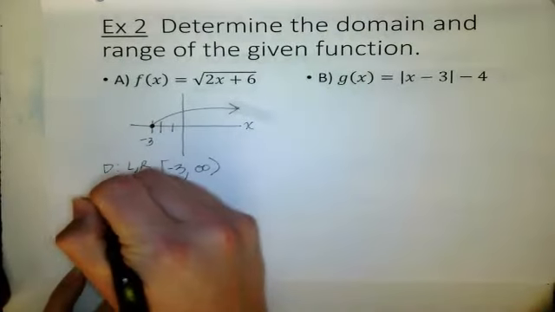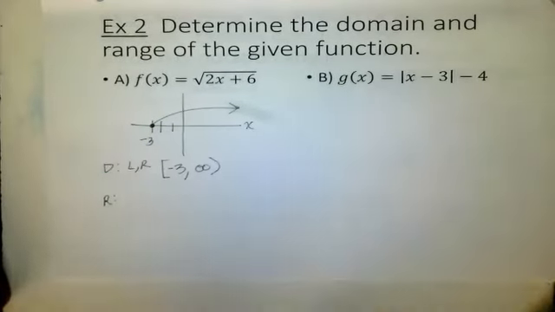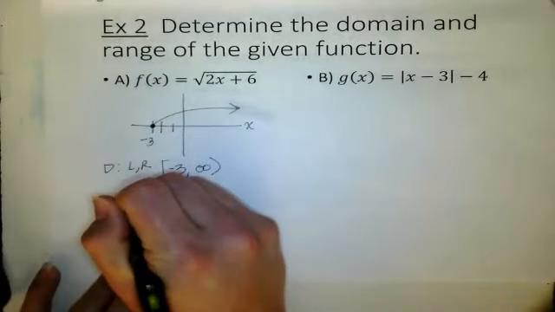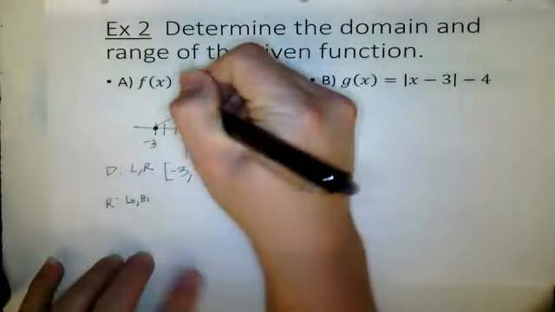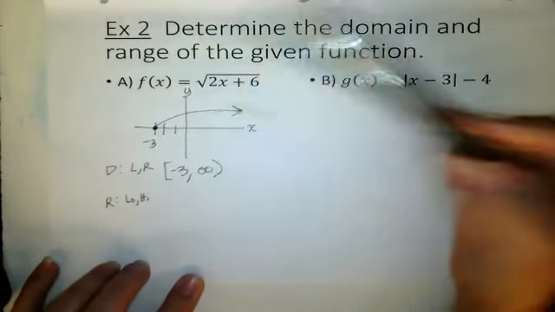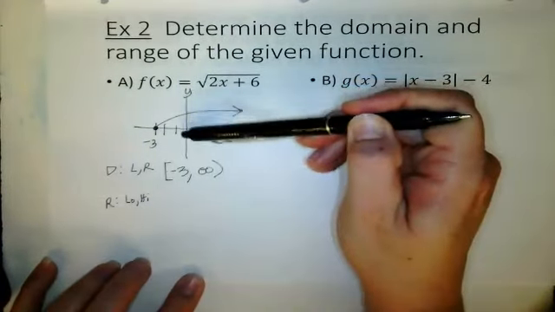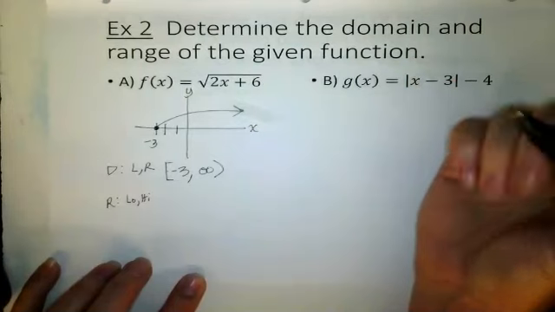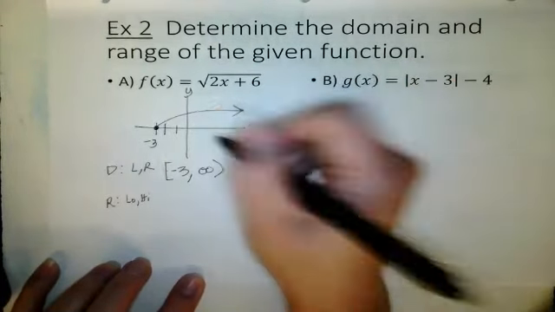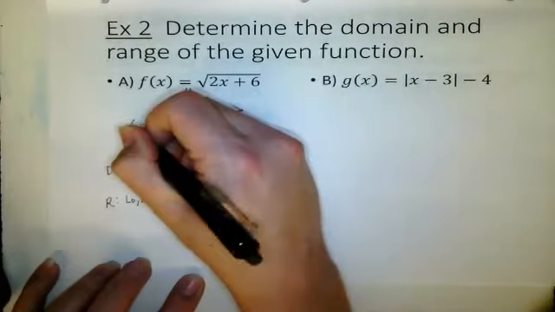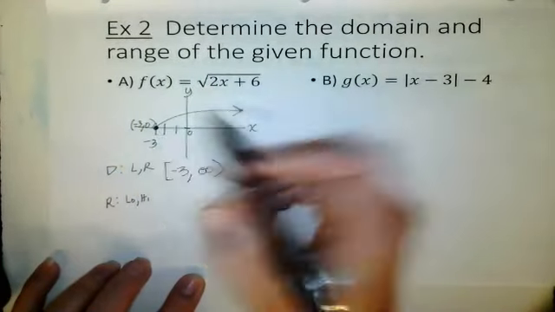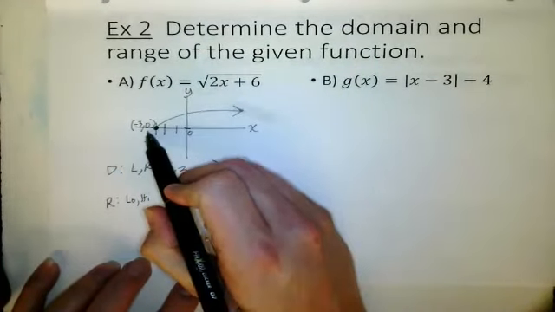Now, when we're talking about range, we ask ourselves how low and how high does the graph go, referring to the y-axis. So we look at the y-axis and ask, what's the lowest y value? 0. Right here, we have the ordered pair -3, 0, and that's the y value, 0.